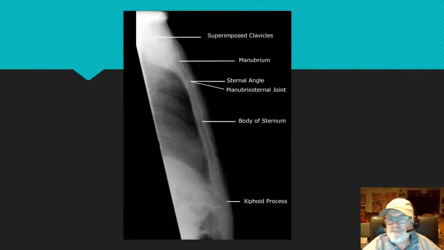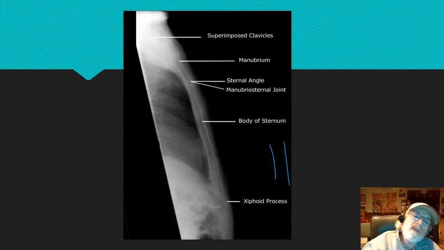This is looking at it from the side, and remember we talked about intramembranous ossification with flat bones. You can actually see it. There's an outer plate and an inner plate, and everything in the middle is cancellous bone.